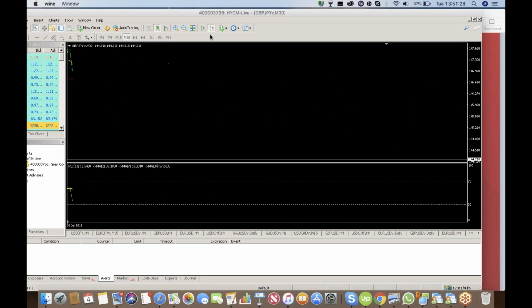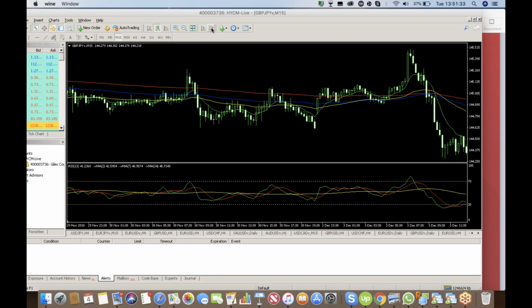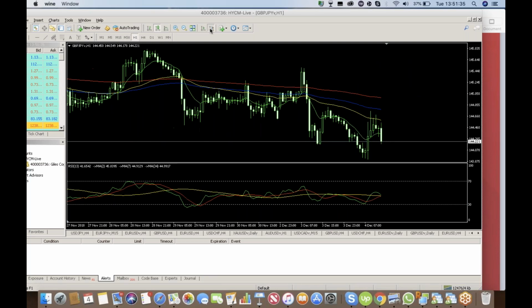It was basically this spike up to the 50 exponential moving average. You had the rejections. I entered just around this level here and put my stop above the high.